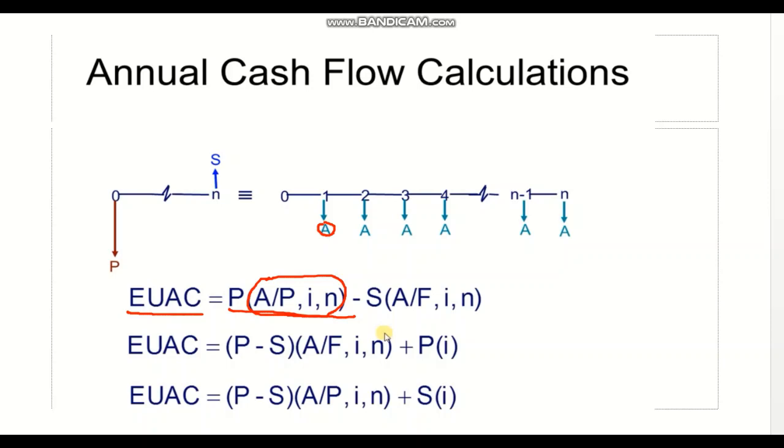When we subtract them from each other, we have the equivalent uniform annual cash flow.